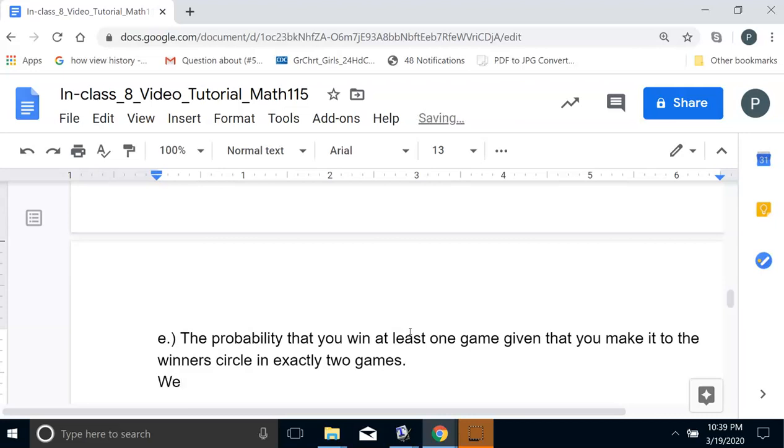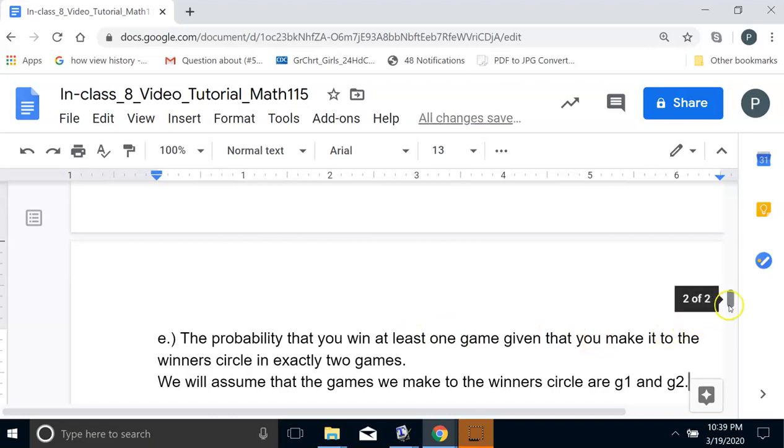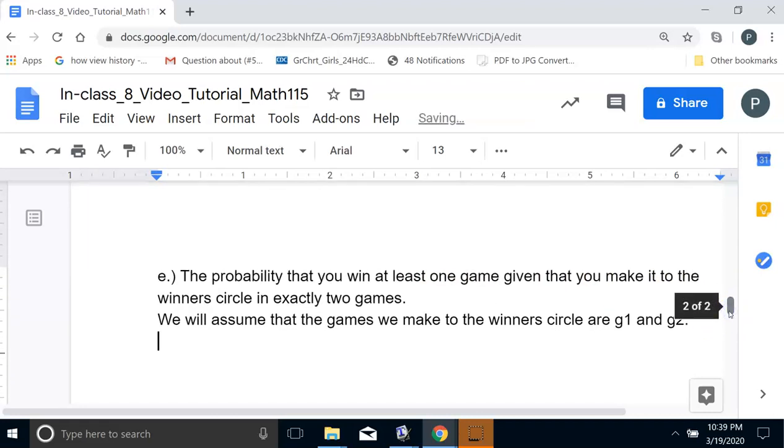We will assume that the games we make it to the winner circle are games 1 and game 2. If you think about it, it doesn't matter which ones you assume here, it won't affect the answer. So we're going to assume that just to make the notation easier.